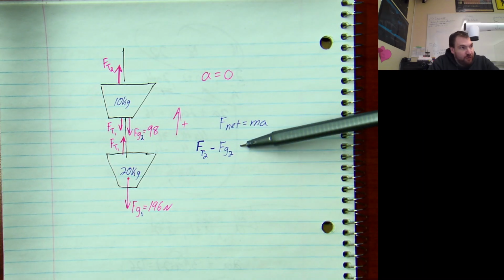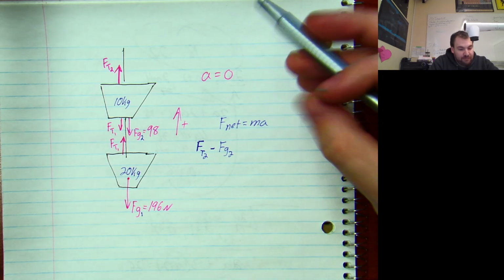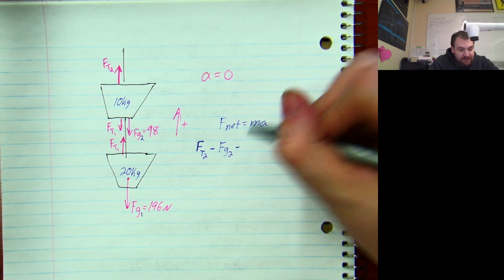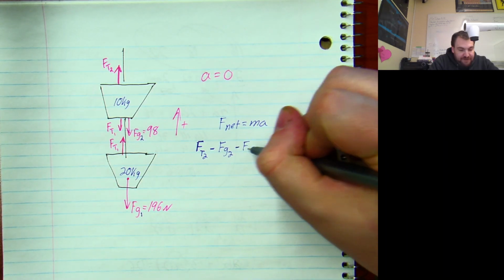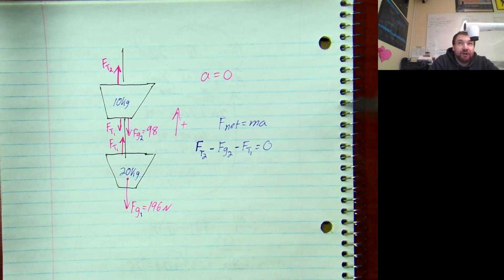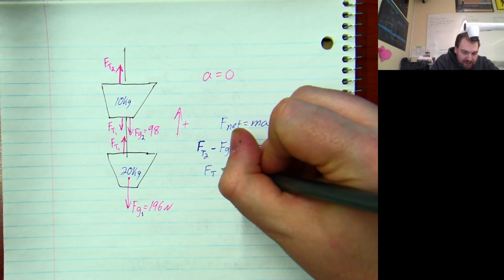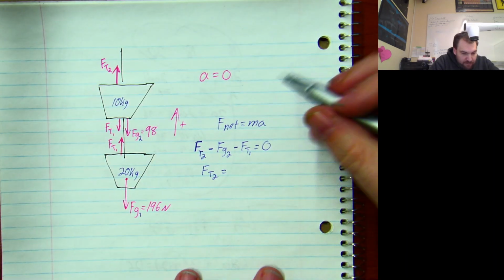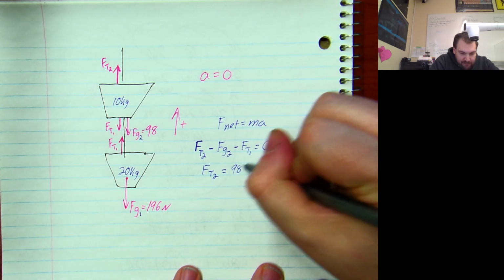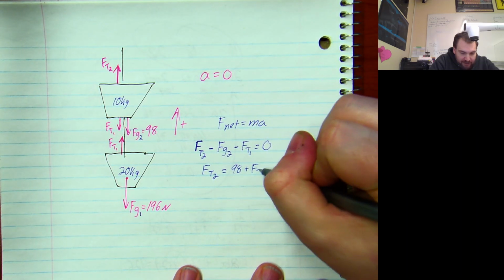So FT1 needs to show up here. So this is going to be minus FT1 equals 0, because A is 0. You could separate them up and analyze them individually, sure, because we know the acceleration. So that means that FT2 is going to equal 98 plus FT1, and we don't know FT1.